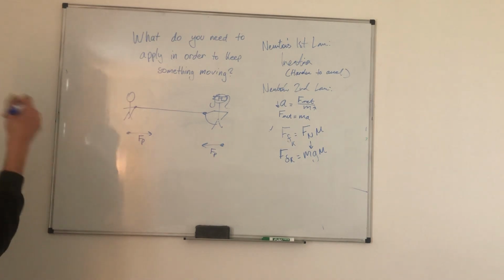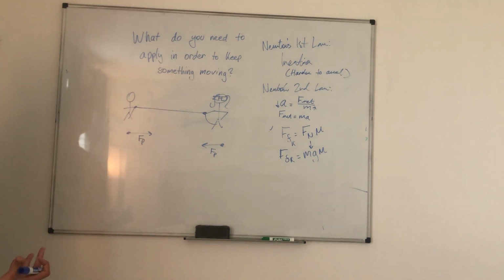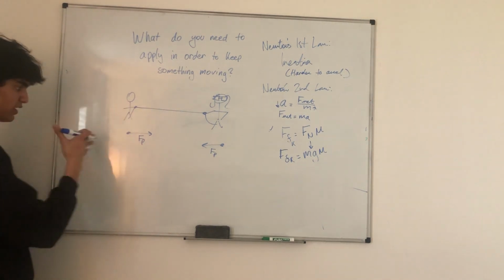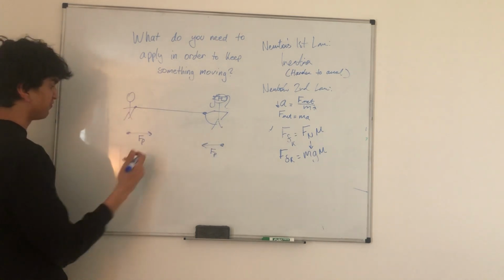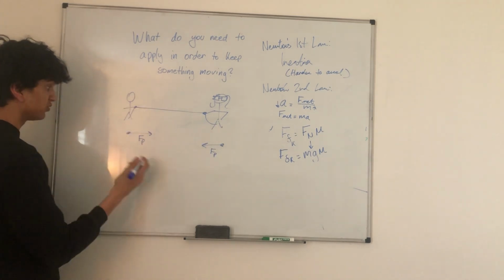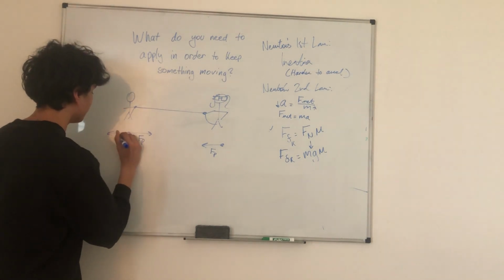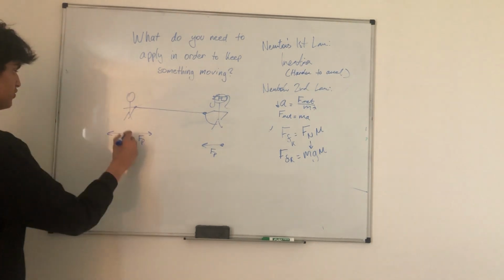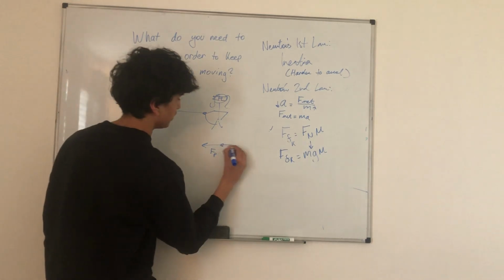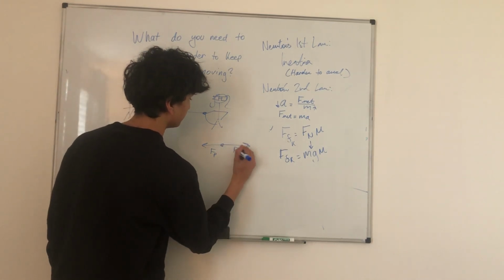So why am I staying still? Why am I not accelerating this way? Well, I'm not drawing the FN and FGs, but my feet are pushing me back. There's some friction with my feet, and those are equal.